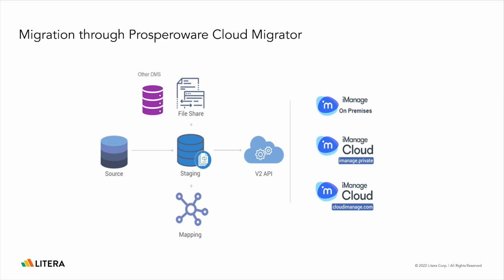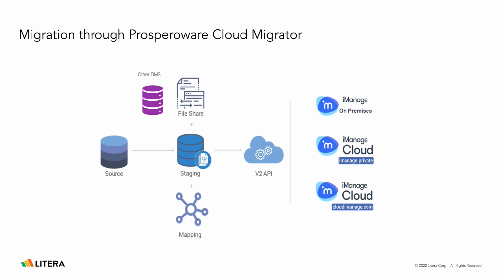I wouldn't say it's so much complicated, it's somewhat arduous because, as you know, file shares are rarely organized in a really neat client matter structure. But generally, we work with partners directly on a project by project basis.